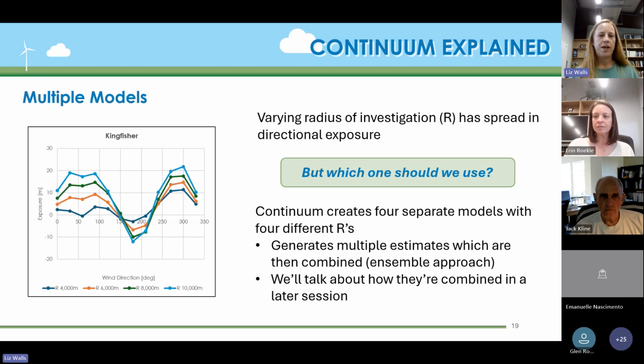Those multiple estimates are then combined in an ensemble type approach, which has been shown to help reduce wind flow or modeling error. We'll talk in more detail about how these estimates are combined to form the overall estimate, but it is an important thing to keep in mind, again, that there are 4 separate independent models that are created in Continuum using these 4 different radii.